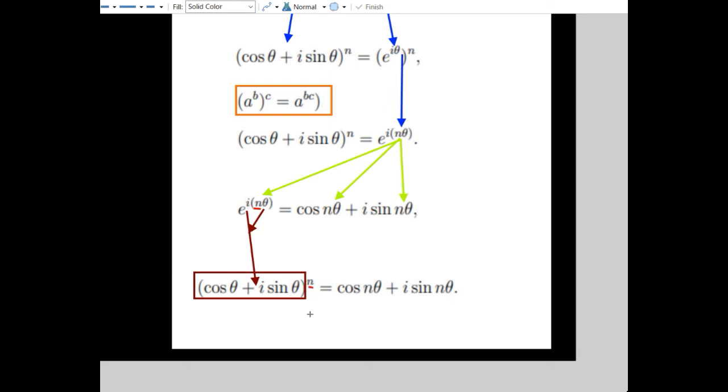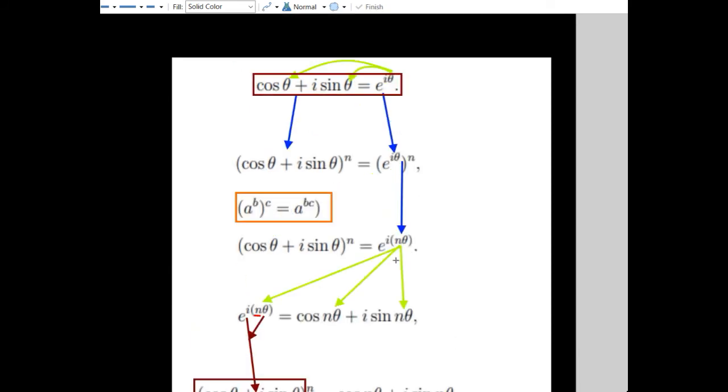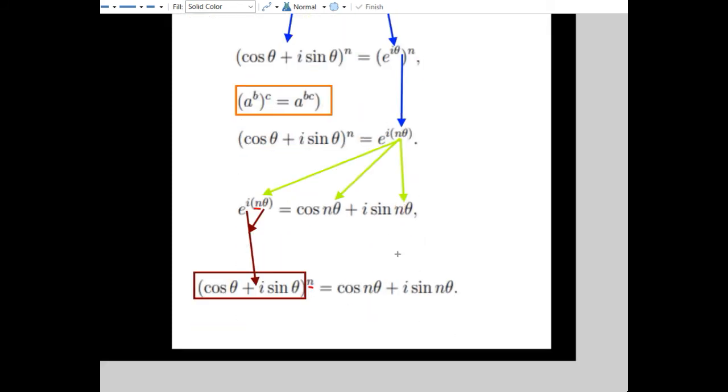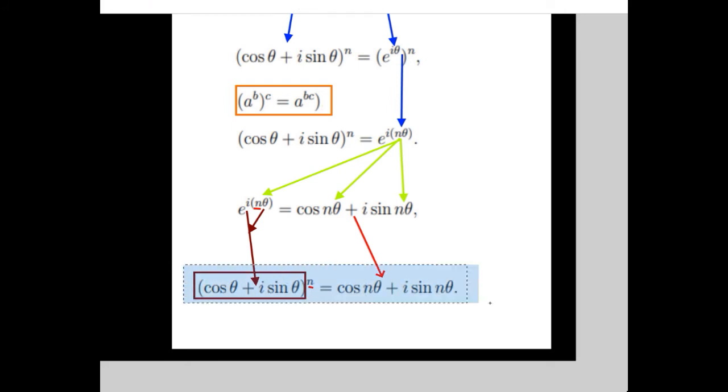And not to overdo it there, you can always write this down and consider this further for yourself. But generally speaking, I've not changed the right-hand side. That is still the same idea. The right-hand side is cos nθ plus i sin nθ. And then you are left with this lovely little relationship here, also known as de Moivre's theorem.